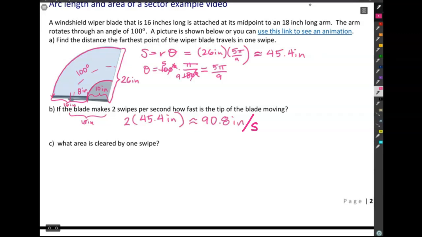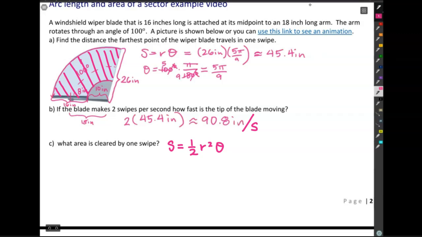The last question here is asking what area is cleared by one swipe. So back up in the picture, we're looking for this interesting segment right here, and you do have to be careful about this. We are going to want our S equals 1/2 r squared theta formula. But we have something a little complicated going on.